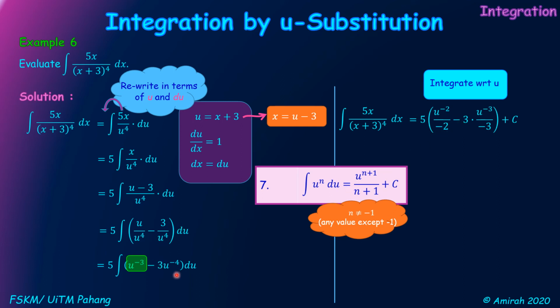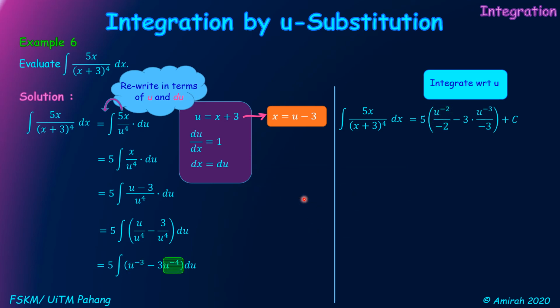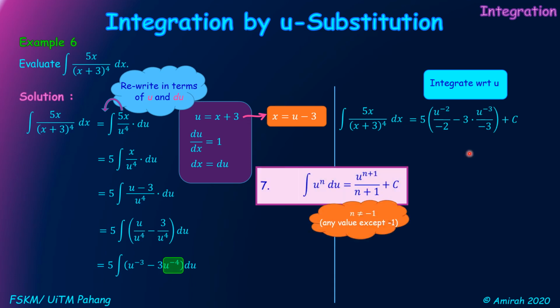To integrate u to the power of -4, we still use the same formula. Our n is not equal to -1, so we use the power rule for integration and we get this.